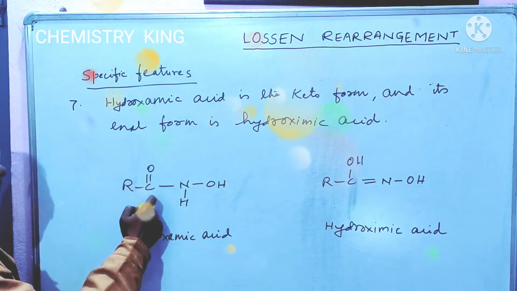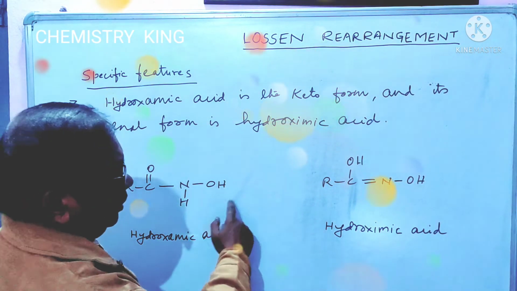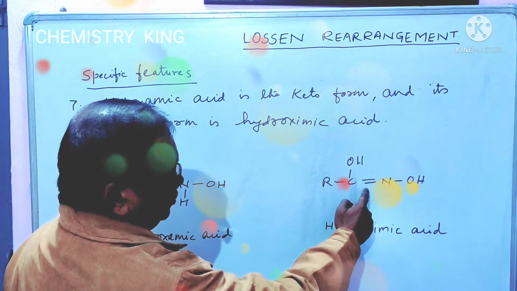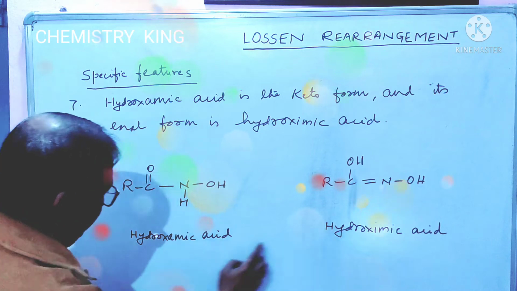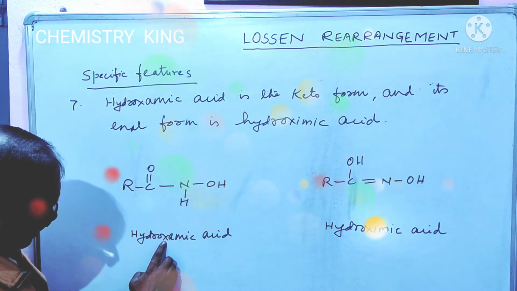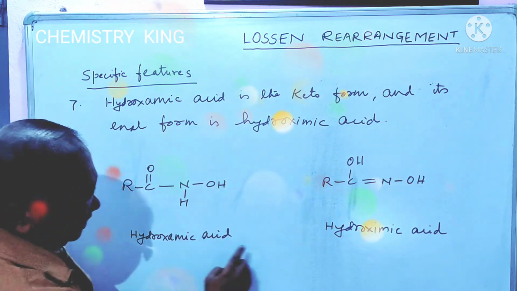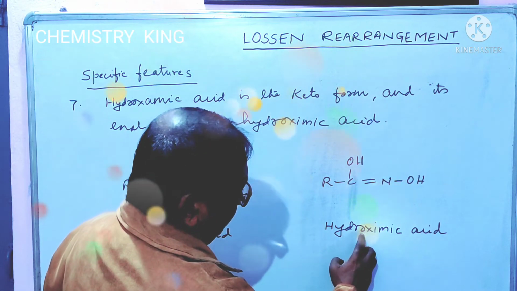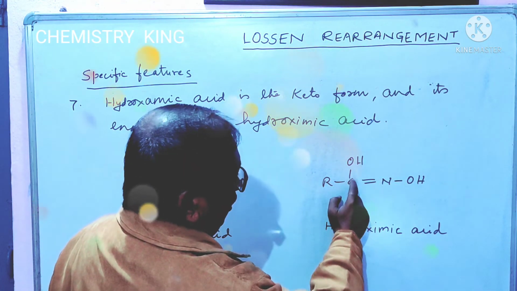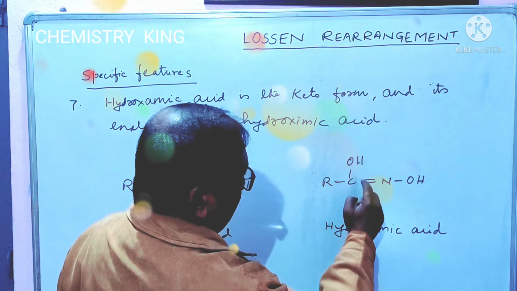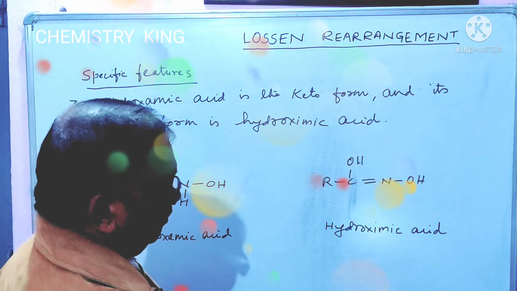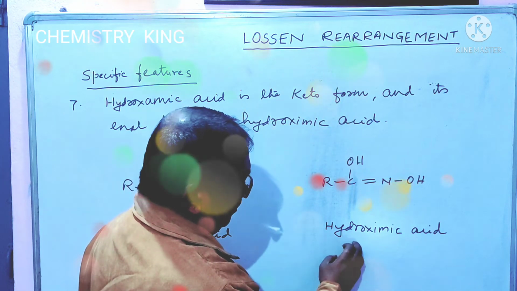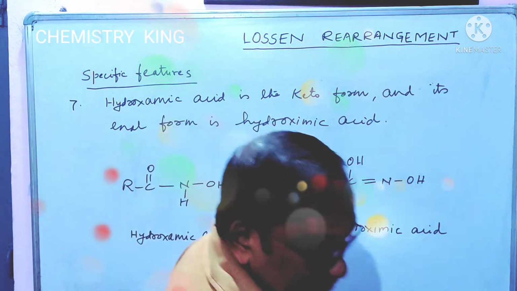It is the enol form, because it has the OH and the double bond. And the enol form is called hydroximic acid.